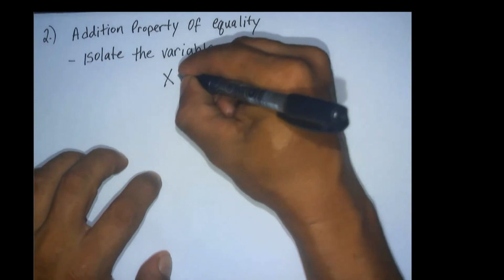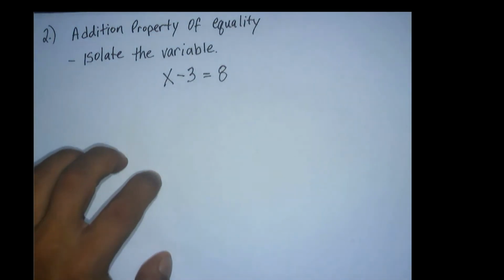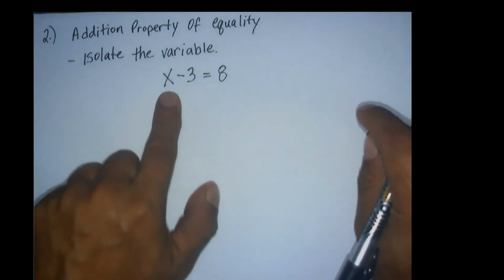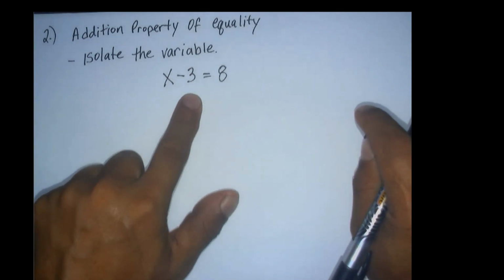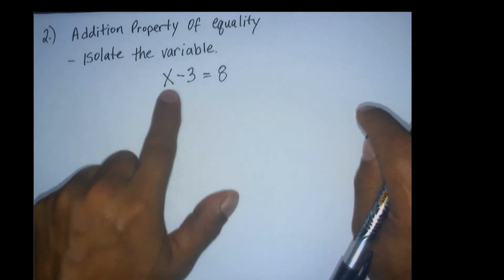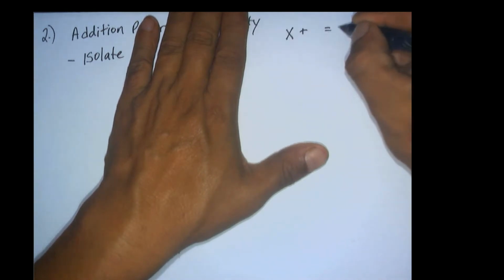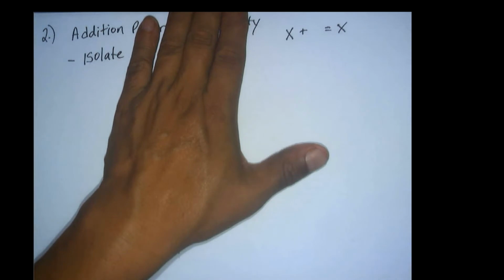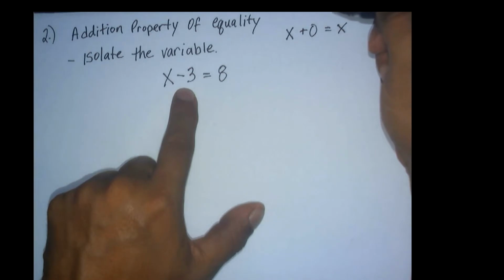Okay. So if I have the equation x minus 3 equals 8, I'm going to look for an equivalent equation. I want x by itself. X is going to be x plus what number to make it by itself? Just think about this. What number do I add to x to get x? We learned about 0. So my goal here is to make negative 3 into 0. How do I do that?